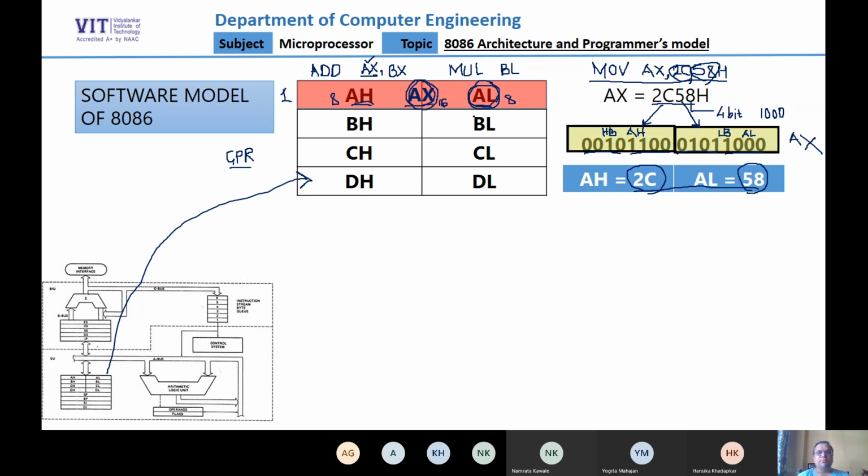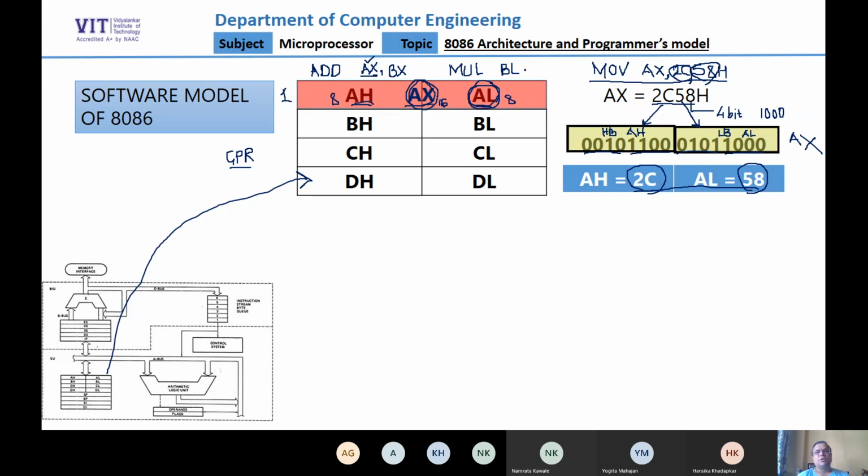You can see it over here. So now, by default, the processor will multiply the contents of AL with BL, and the result will be stored into AX. Are you getting what I am saying?